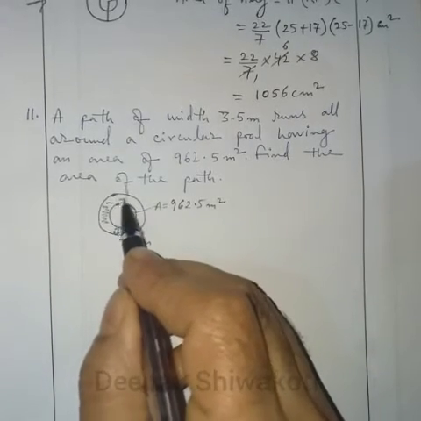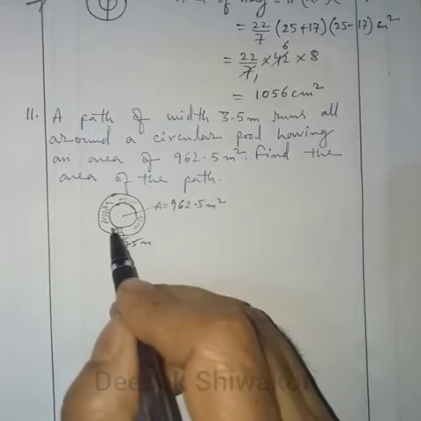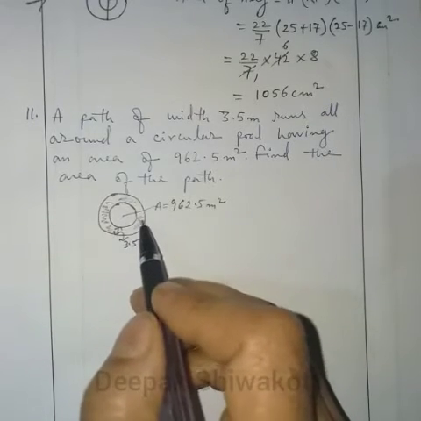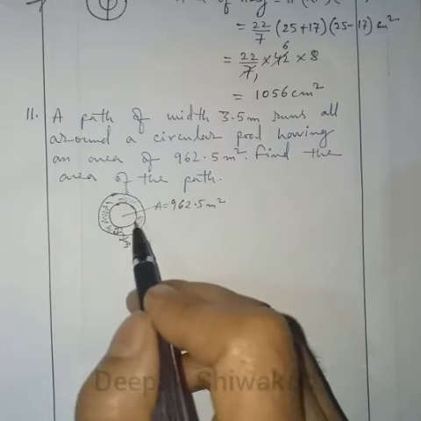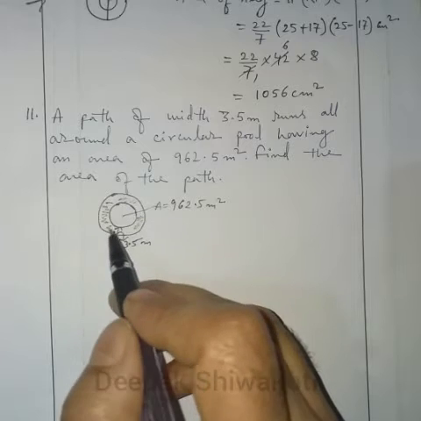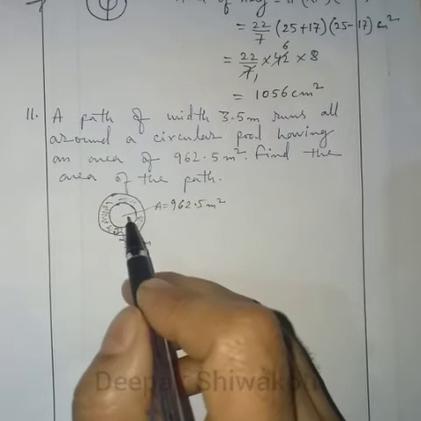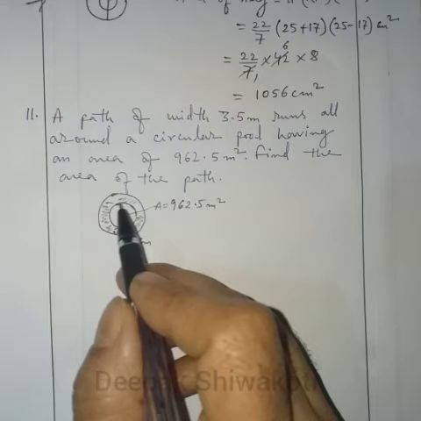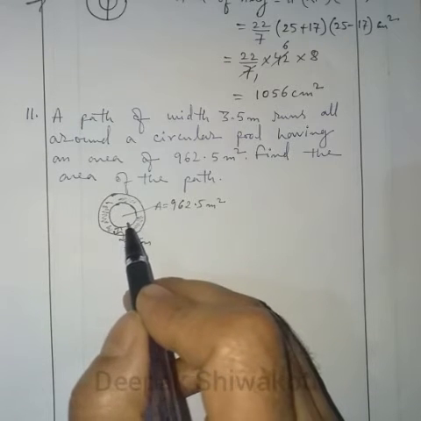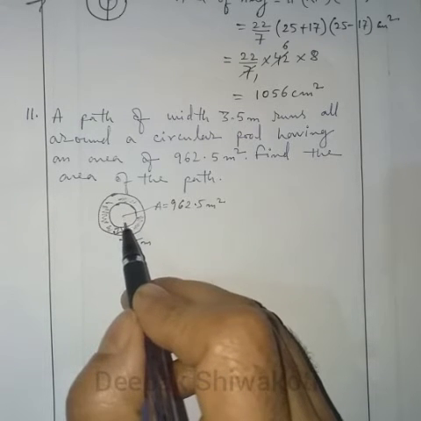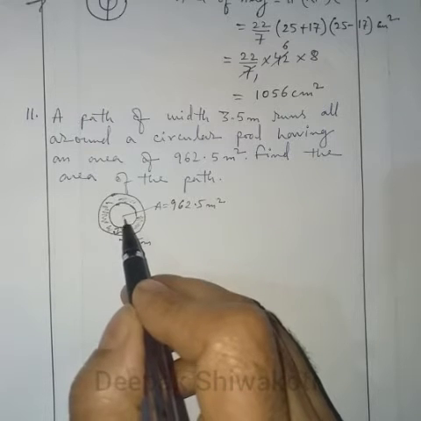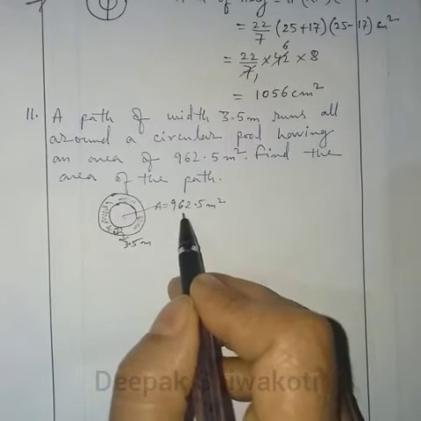To know the area of this path, we can apply the formula for the area of a ring, but here we require the radius of this circular pool. So we'll take out that radius from the given area at first.